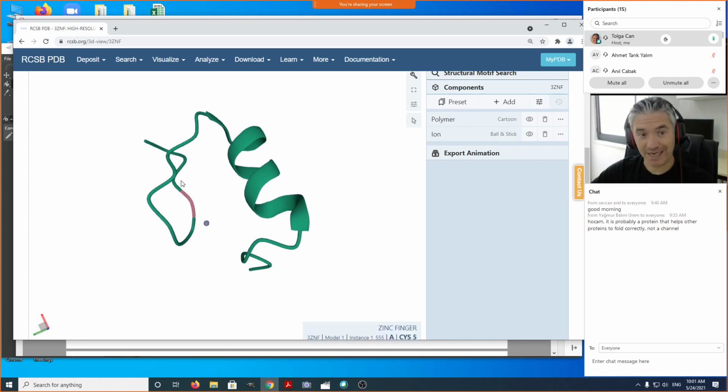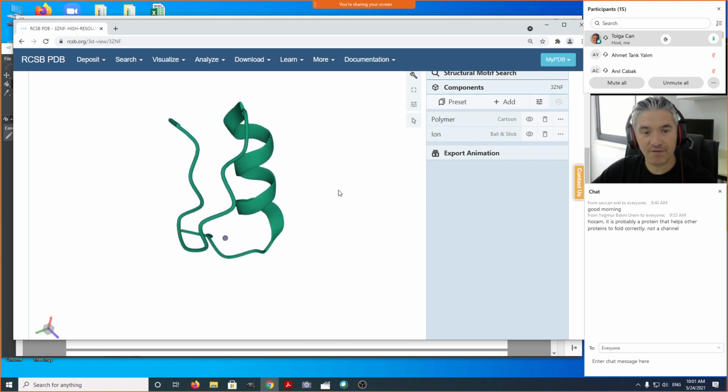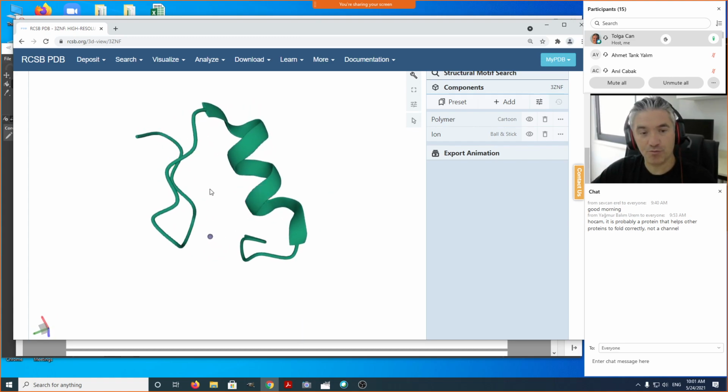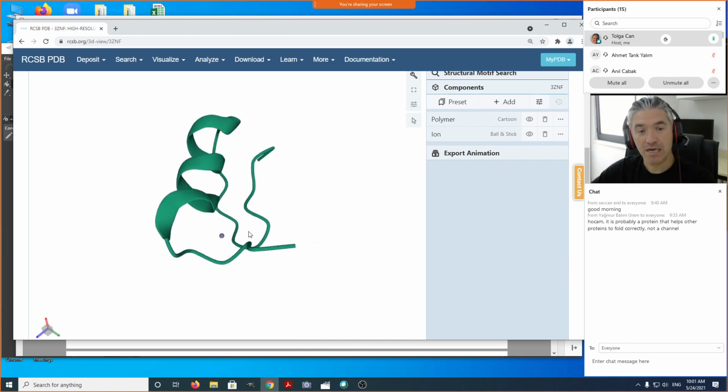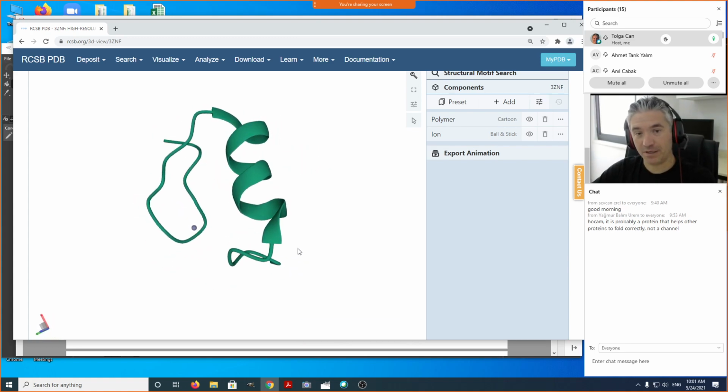Some proteins contain this on their chain, certain regions in the sequence that turn into a certain shape which has a very specific function. We call such places domains. So this is the zinc finger domain. It is a loop like this and a short helix, and this may be needed for that protein structure to interact with the DNA.